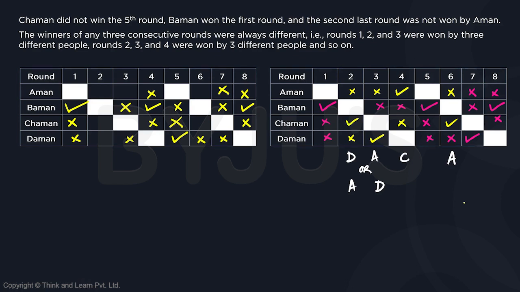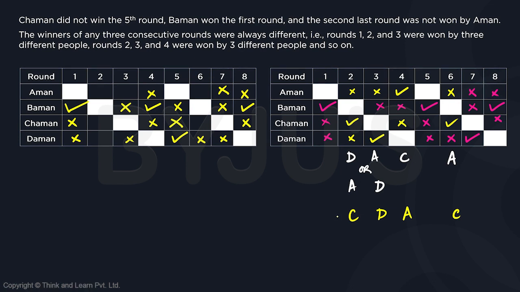So if C happens to win this 6th round, then A wins the 4th round, D wins the 3rd round specifically, and C again wins the 2nd round. So there are 3 possibilities overall, right?